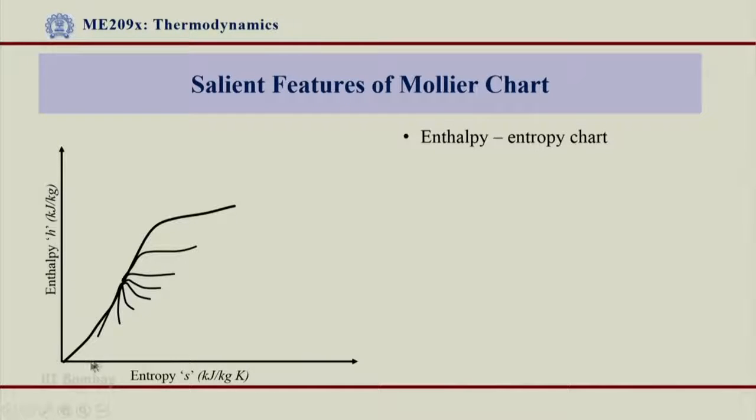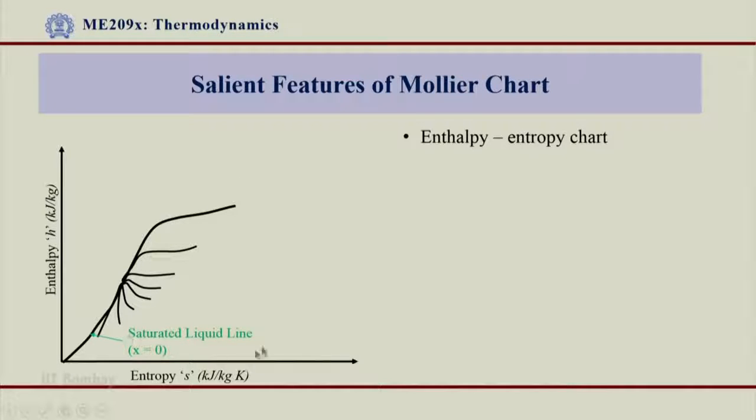What you see here is a slightly inclined enthalpy entropy diagram, and on this diagram I have drawn several lines, and this is the speciality of the Mollier chart. These two extreme lines are x lines. In fact, all these are basically x lines, and this is the saturated liquid line where x is equal to 0.